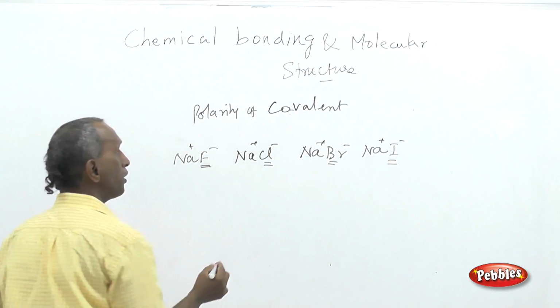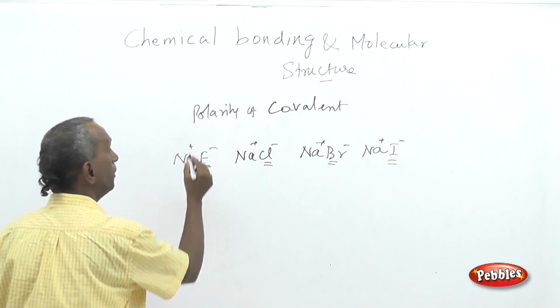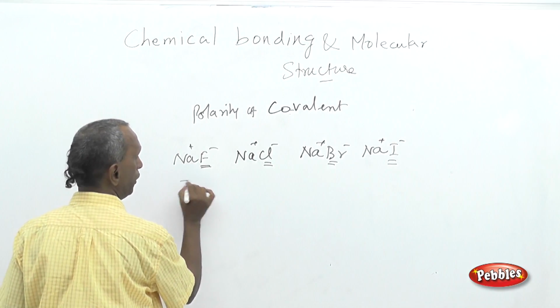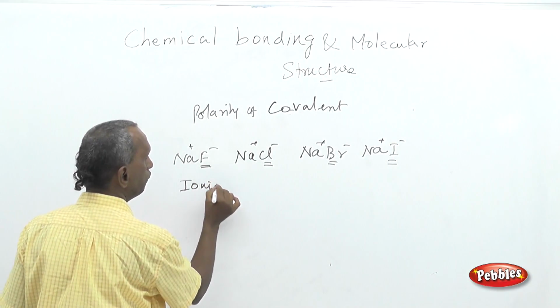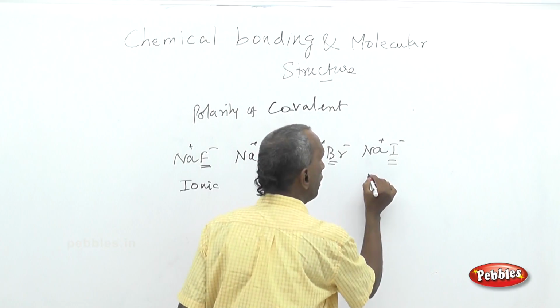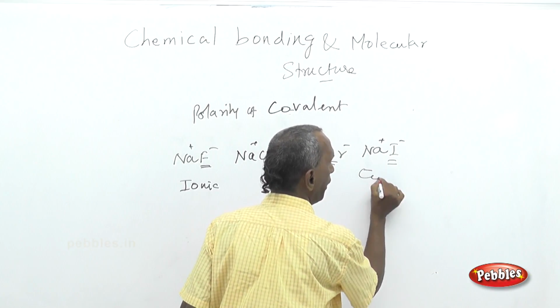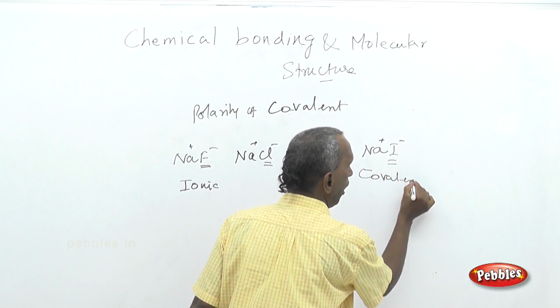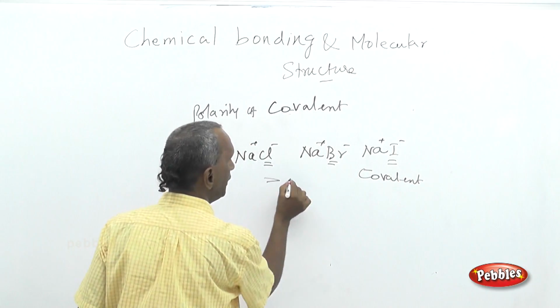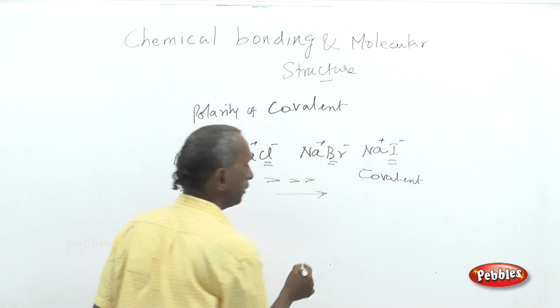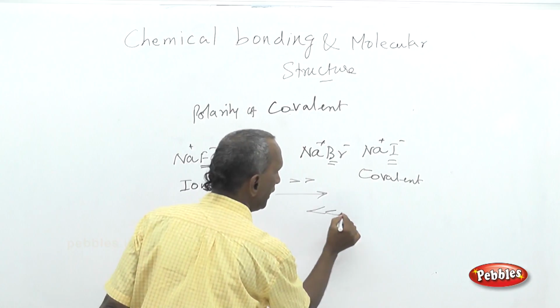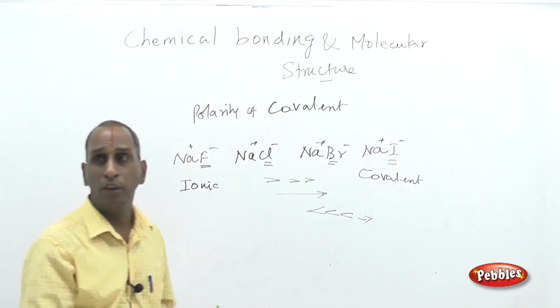If you compare the partial covalent and ionic characters, the most ionic compound is sodium fluoride, whereas the most covalent compound is sodium iodide. So, ionic character decreases from left to right. Covalent character increases from left to right.